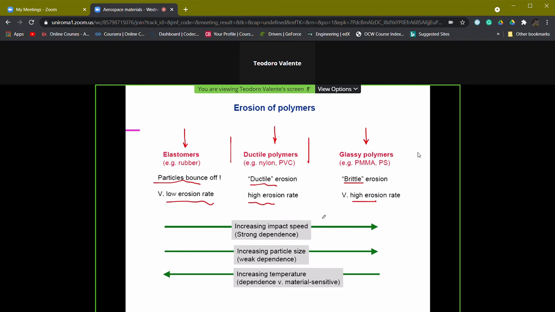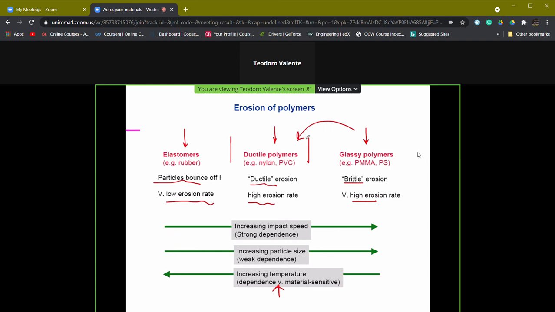Increasing the impact speed gives a strong dependence, for polymers, on the increase of the erosion rate, as well as, but with a lesser degree of dependence, the increase in particle size. If we increase the temperature, and we have polymers which are sensitive to temperature, we can have a decrease in erosion because we can have a transition, for example, from a glassy behavior to a ductile behavior.